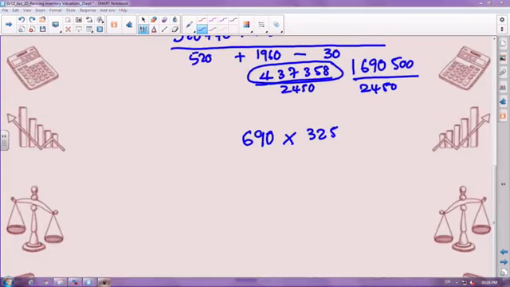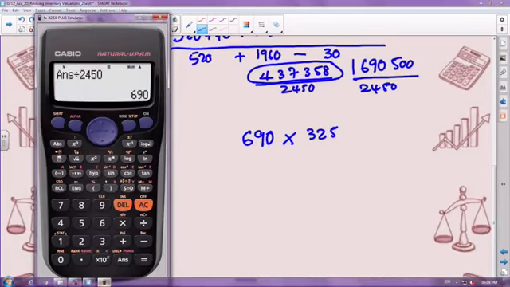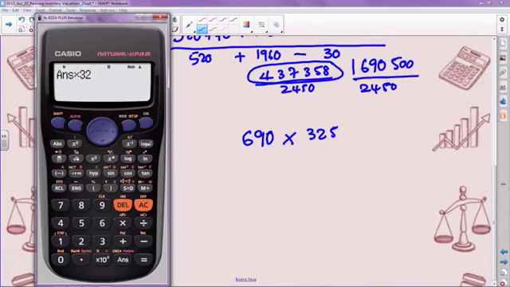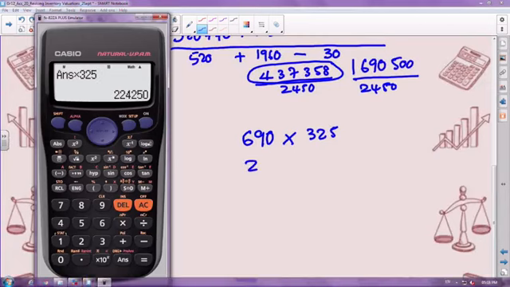So we got 690 times 325, which will be equal to 224,250.